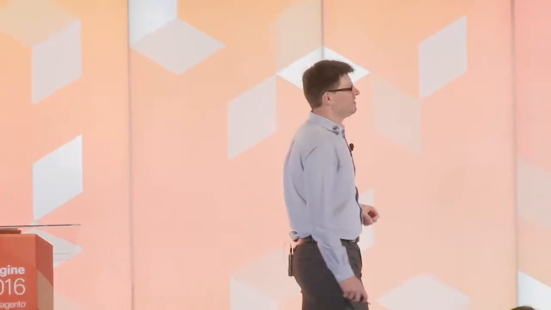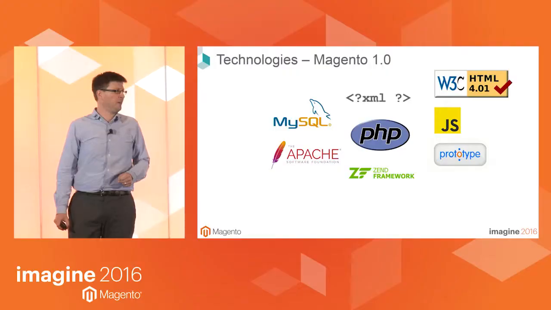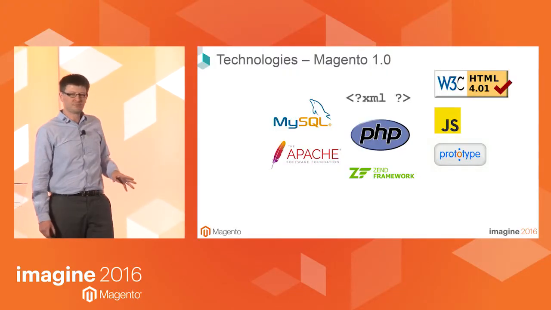So I've gone back in time and had a look at what technologies and frameworks Magento included out of the box when it came onto the market. As you can see, it's a fair few, but all in all a fairly standard modern PHP framework at the time.